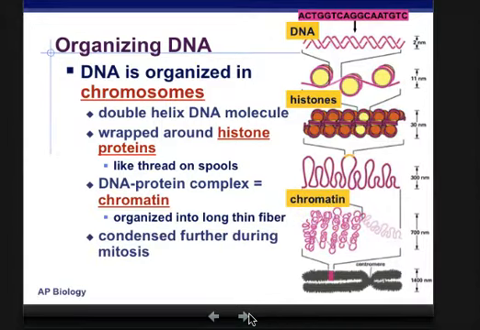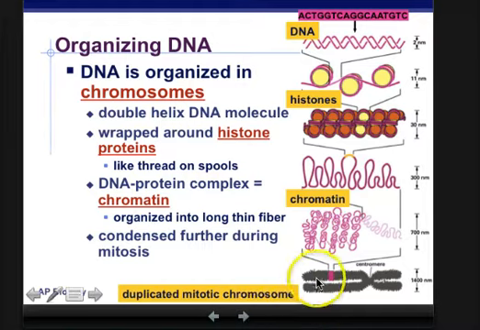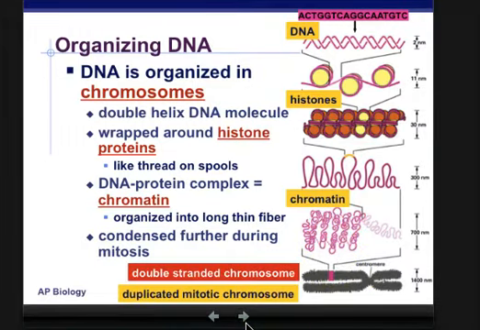And then it condenses further during mitosis. So you take these big long threads and then organize them, and this is what you're used to seeing when you think of a chromosome, and this is a duplicated chromosome. A double-stranded chromosome. So this is after it's been duplicated.